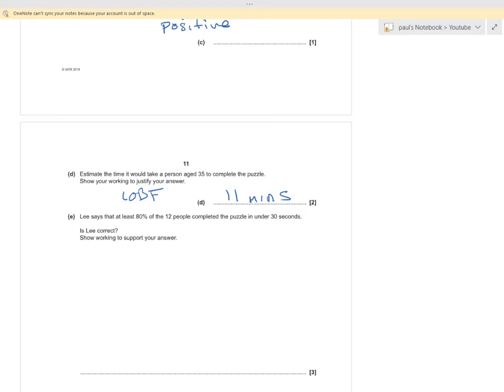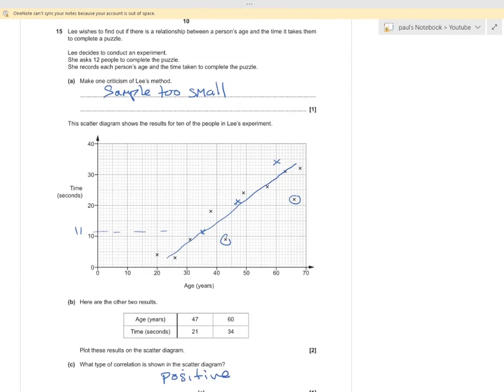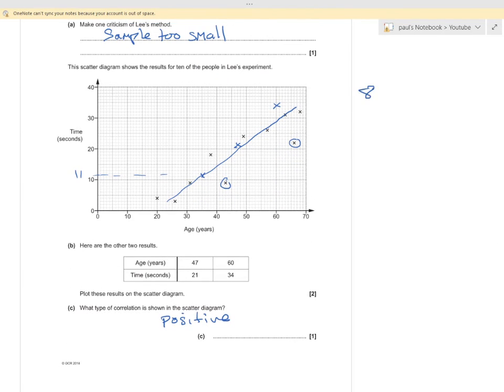And D. Lee says that 80% of the 12 people completed the puzzle in under 30 seconds. Is he correct? Let's go back up then. We've got to find out 80% of 12.